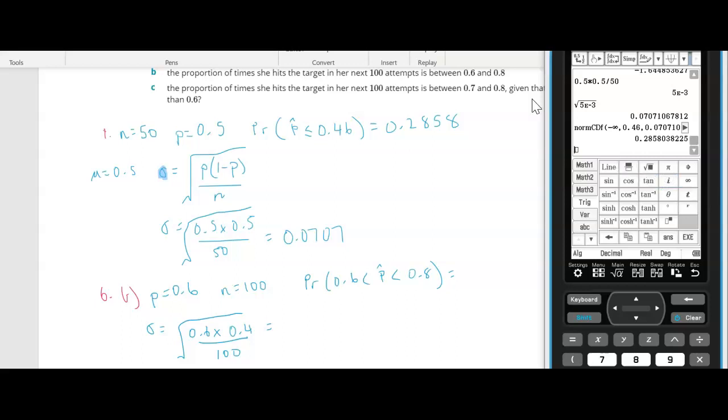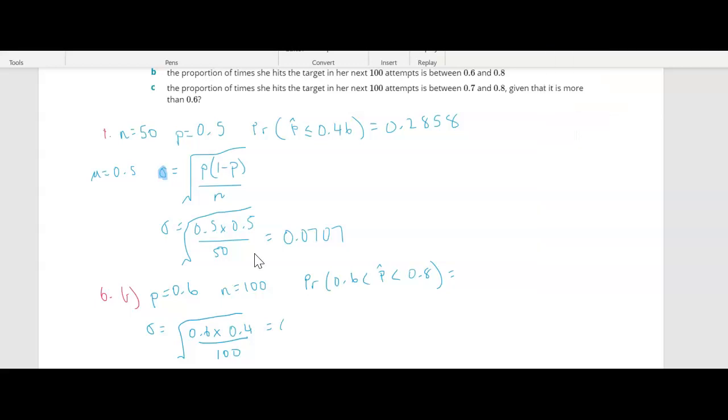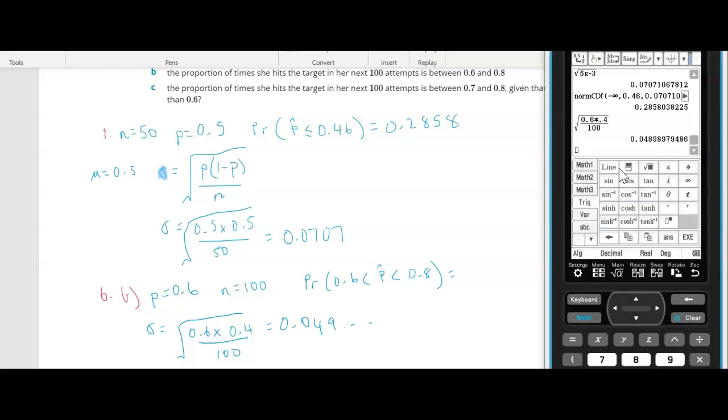Okay, the square root of 0.6 times 0.4 over 100. All right, so that's going to be 0.049. All right, so remember on the calculator, we need to highlight this first and copy.